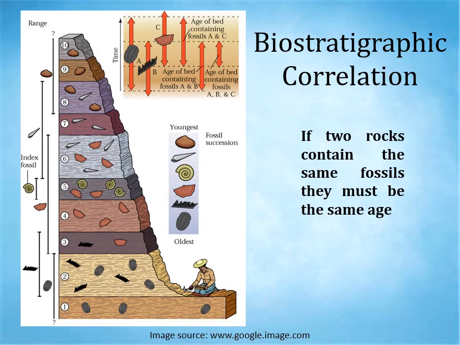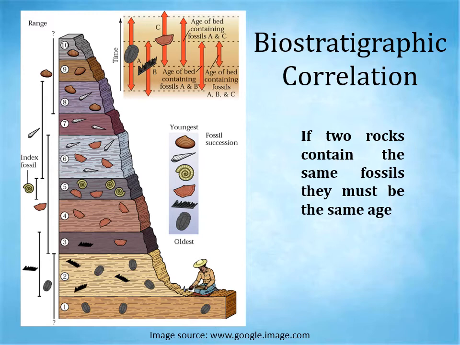Now, in this case, lithological correlation will not help us, and then we have to go for the biological entities present as fossils in the rocks. Fossils are the ancient organisms living at those conditions.